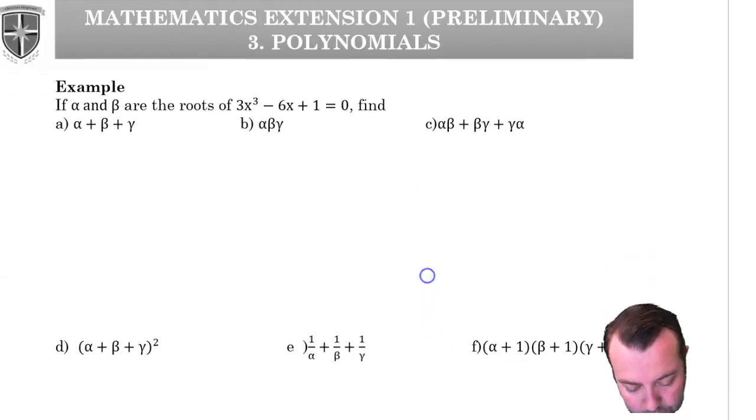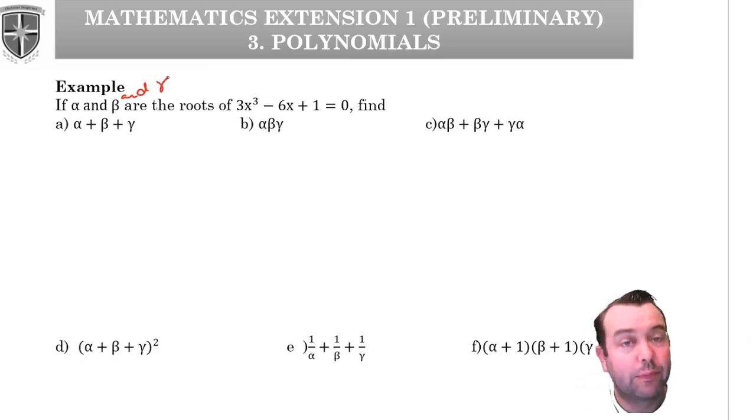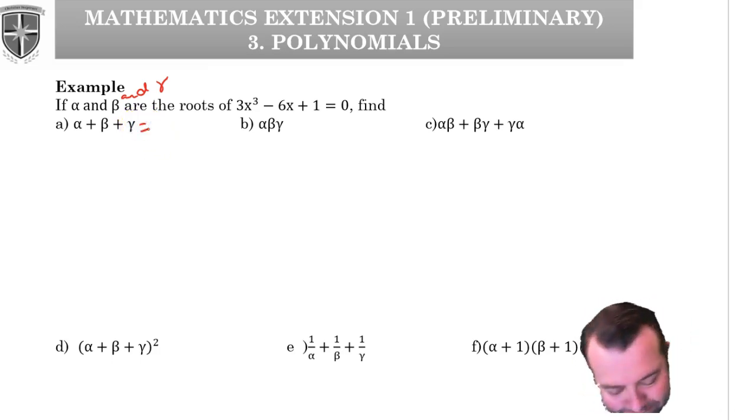Let's have a look here at the examples. Alpha and beta are the roots of this. Oh yeah, well, that's 2 of the roots. Now, alpha, beta, and gamma are the roots of this equation. Find the sum. The sum of the roots is equal to negative b over a. Now, what's b? Be careful here.